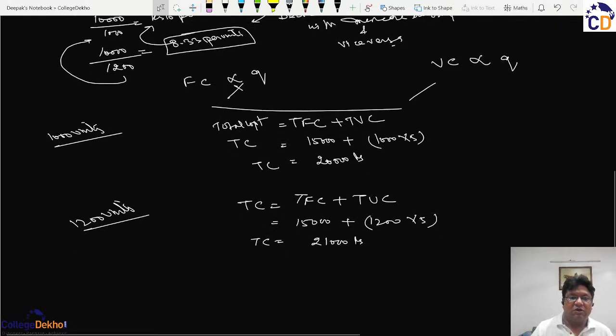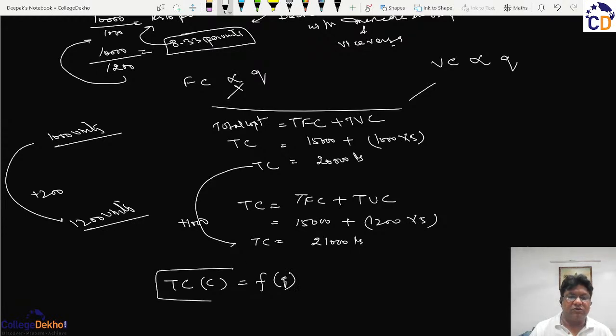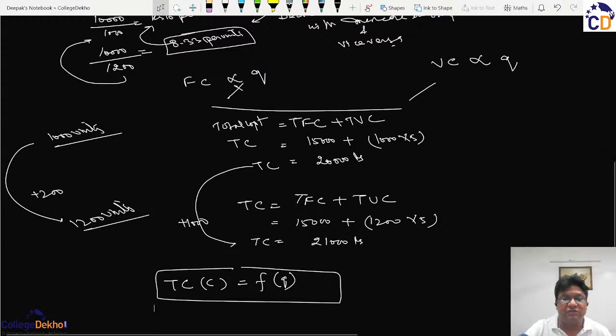So this total cost seems to increase with an increase in output. So presumably the total cost, if shown by the symbol C, looks to be a function of quantity in direct proportion, and that is how we started our discussion.